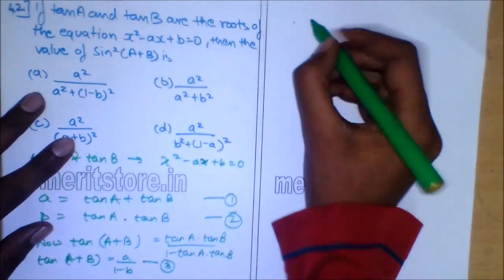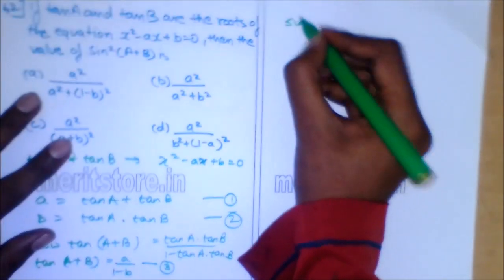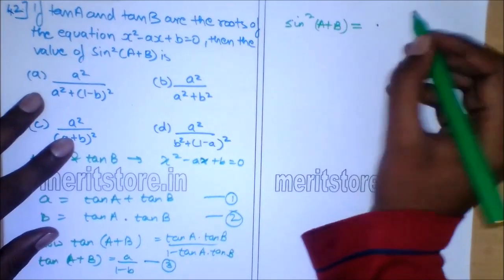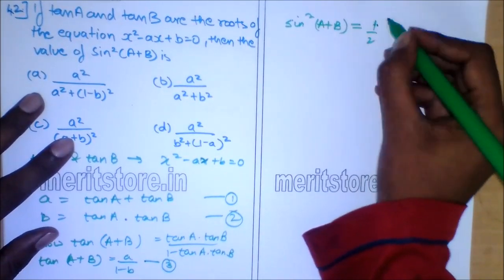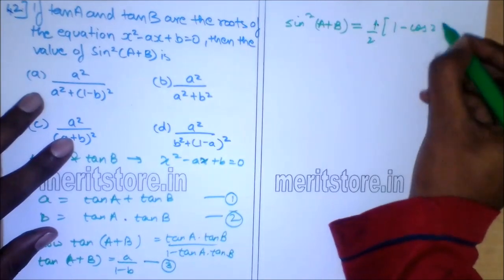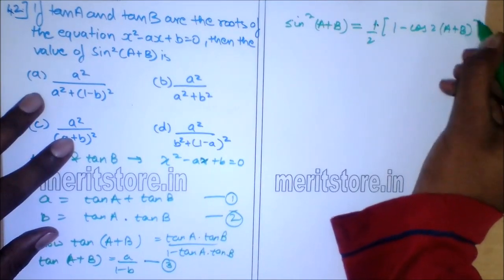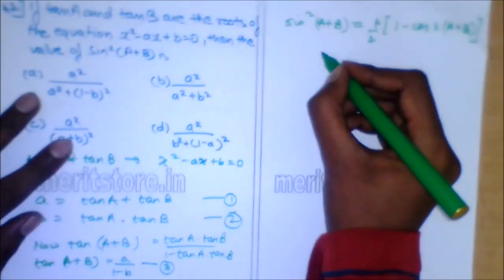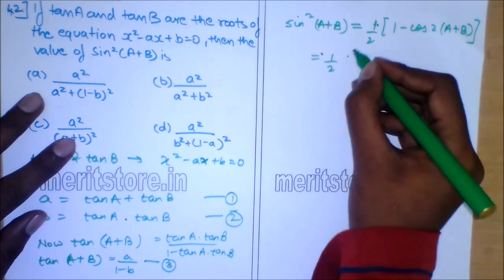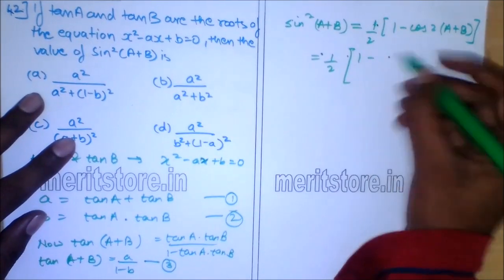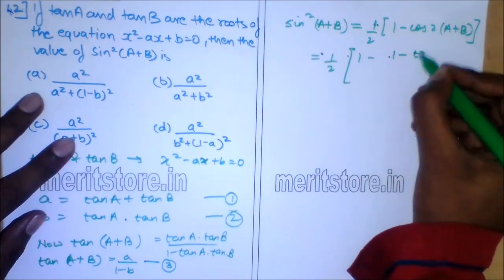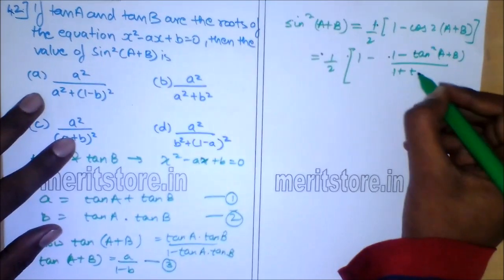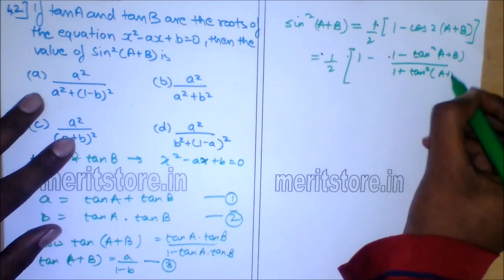So now what we require is sin square (A plus B). This can be written in terms of cos 2(A plus B) as half into 1 minus cos 2 times (A plus B). Now cos 2 times (A plus B) can be written in terms of tan of (A plus B), that is half into 1 minus 1 minus tan square (A plus B) upon 1 plus tan square (A plus B).